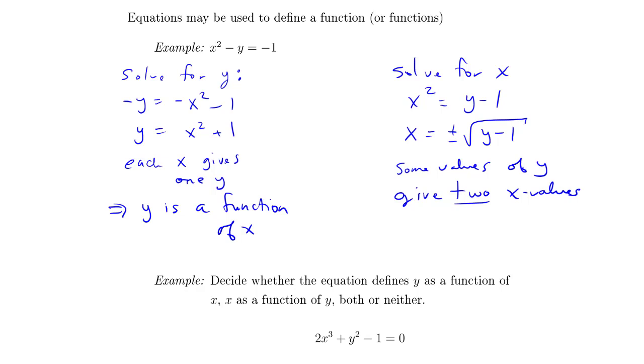All right, so I've put in a y of 2, and I get out plus 1 and minus 1. And that's not allowed in a function. I can't go from one input to multiple outputs. So we see here x is not a function of y. Okay, so this equation had in it a function y of x, but we could not make it into a function x of y.